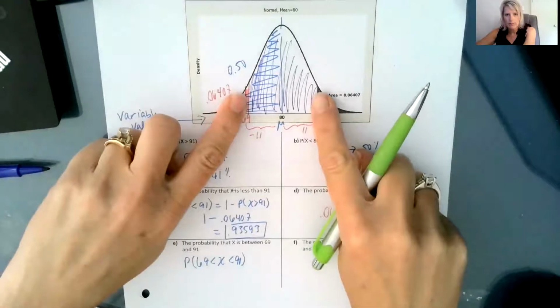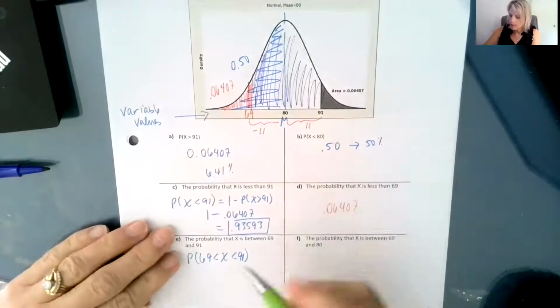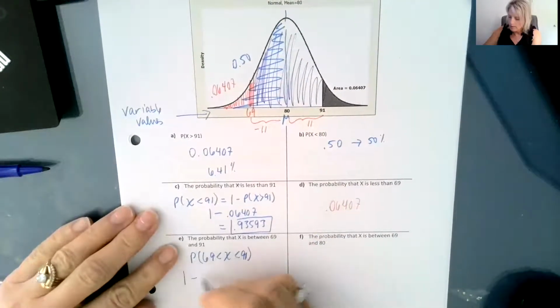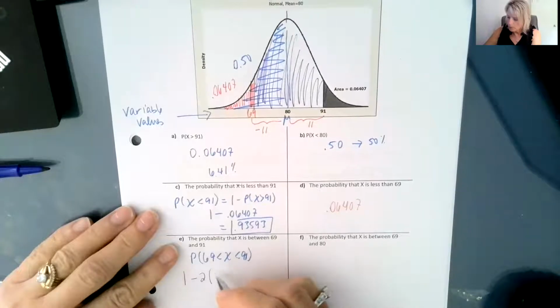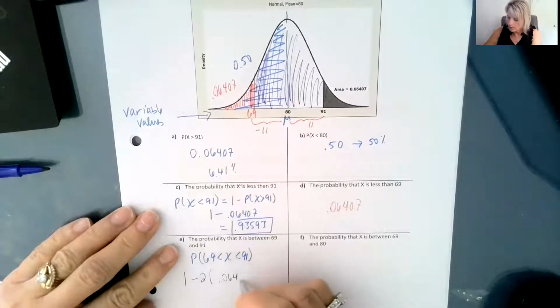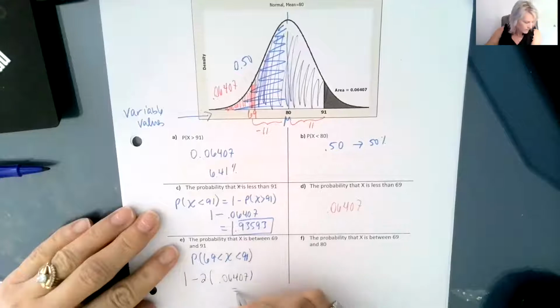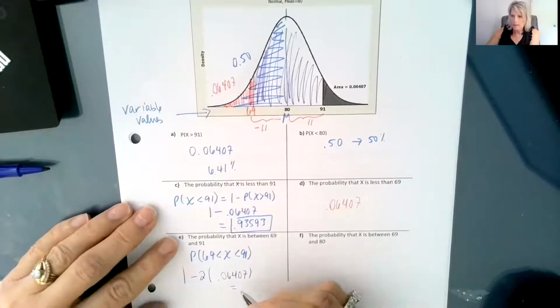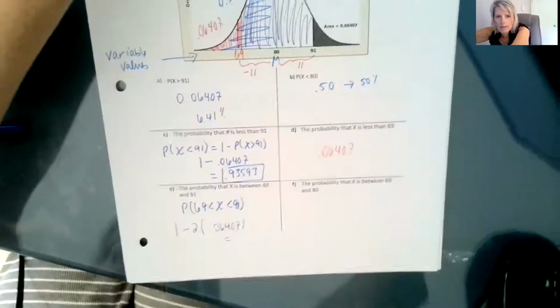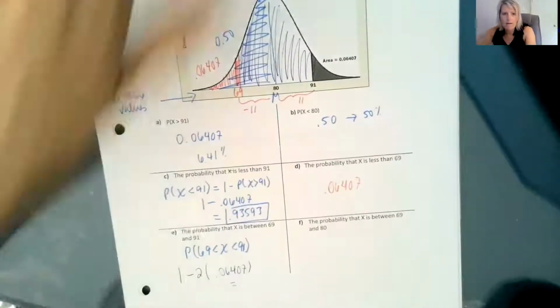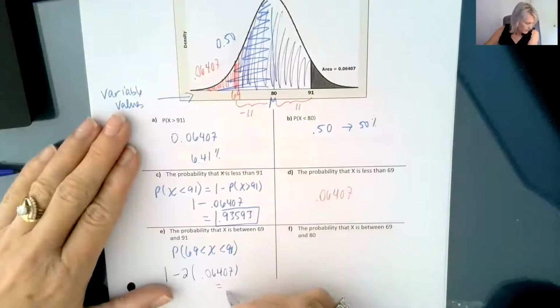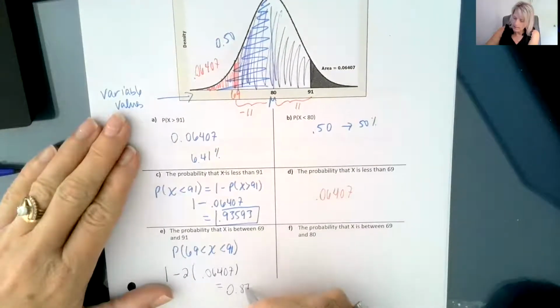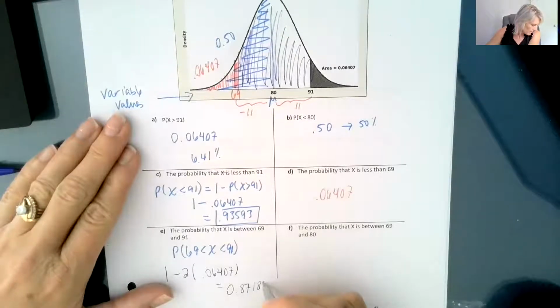So if we cut away this space, that would get us between 69 and 91. So if we said 1 minus 2 times 0.06407. That gives us 0.87186.